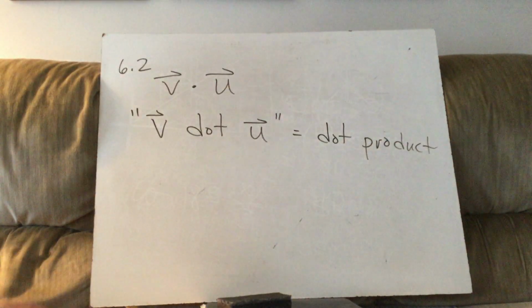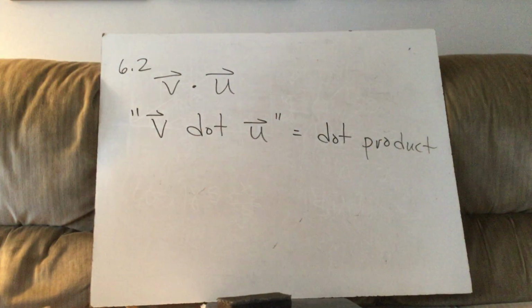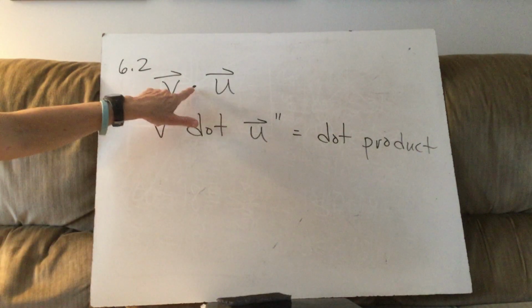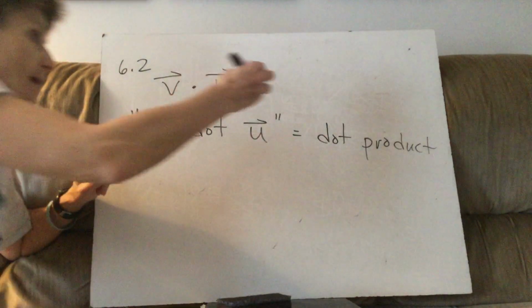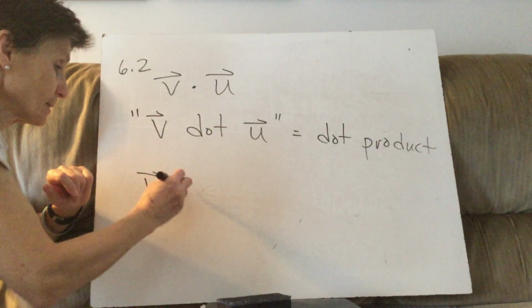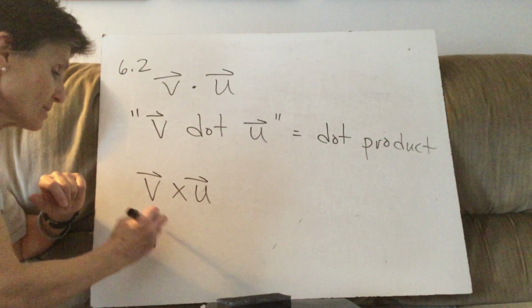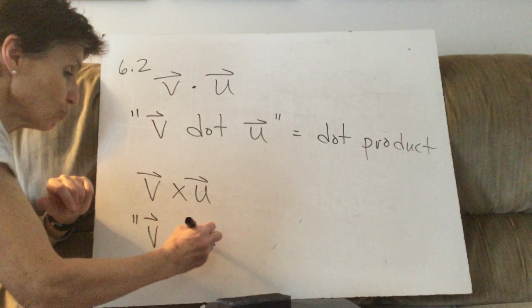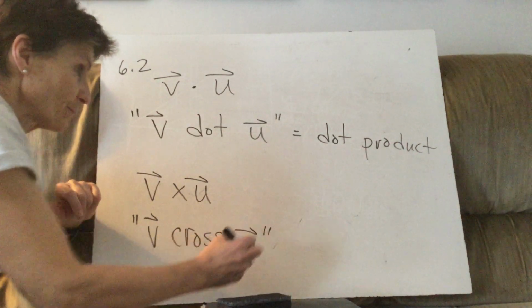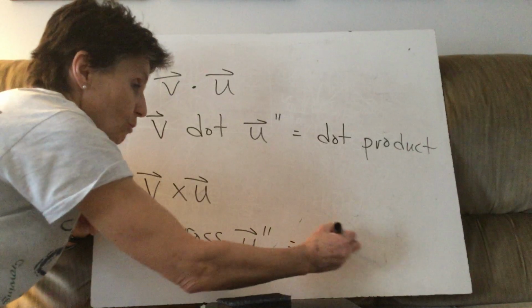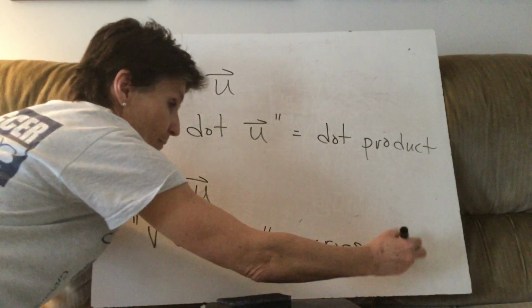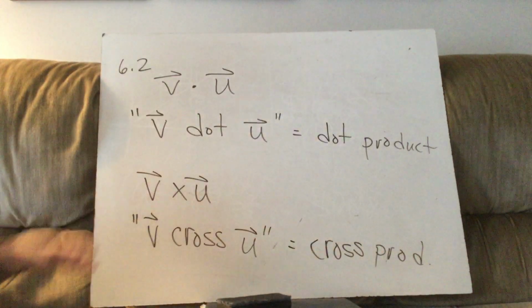Now it's kind of interesting that in the vector world, the dot and the cross mean different things. This is read v cross u, and it is called the cross product. And they are different things.